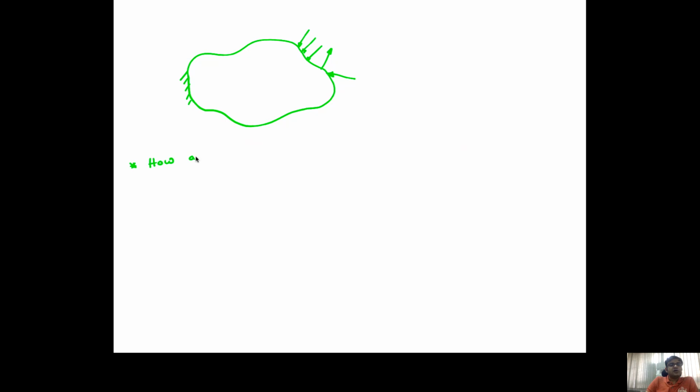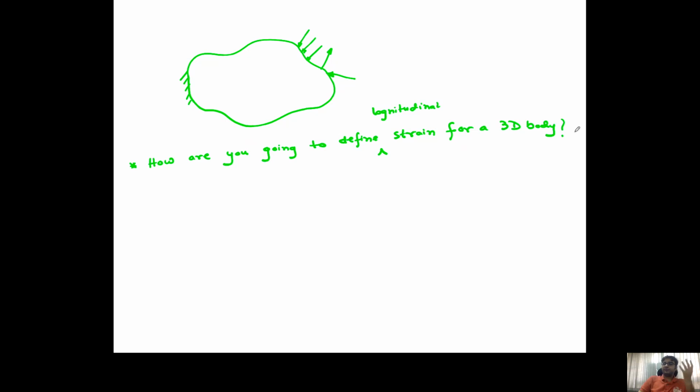How are you going to define strain, or to be more precise, I should say longitudinal strain, because there are other types of strain as well. So longitudinal strain for a 3D body.